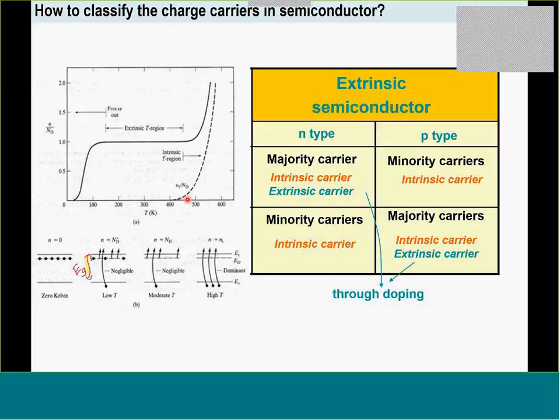Since the host charge carriers dominate, it is no longer extrinsic, and now it's acting like an intrinsic semiconductor.